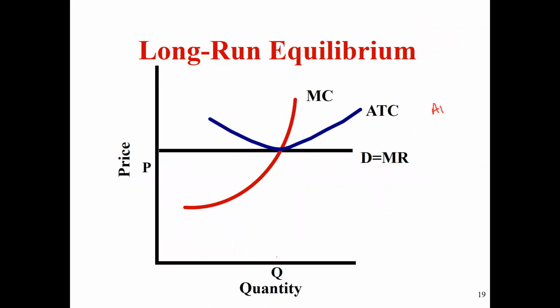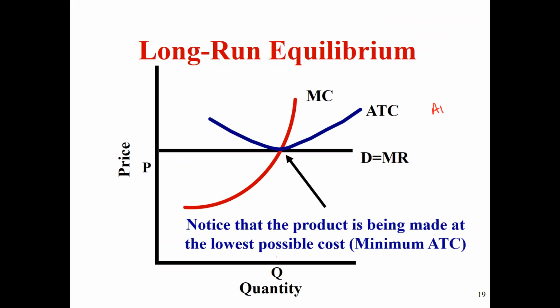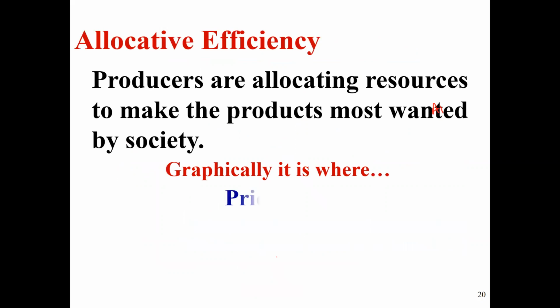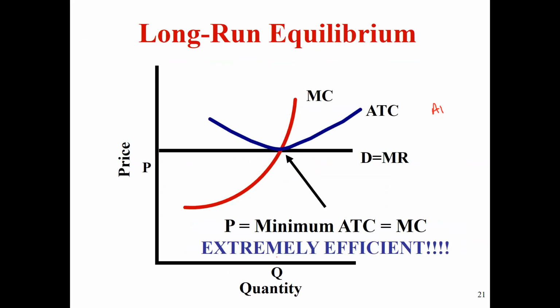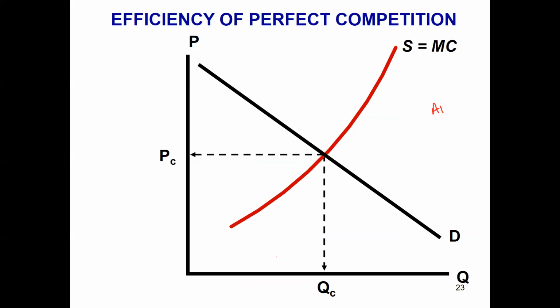There is your long run equilibrium. Notice that it's being made at the lowest ATC. That is productively efficient, and I pointed that out. And there is allocative efficiency where MC crosses demand. So if you're totally efficient in perfect competition, you're not going to have deadweight loss.